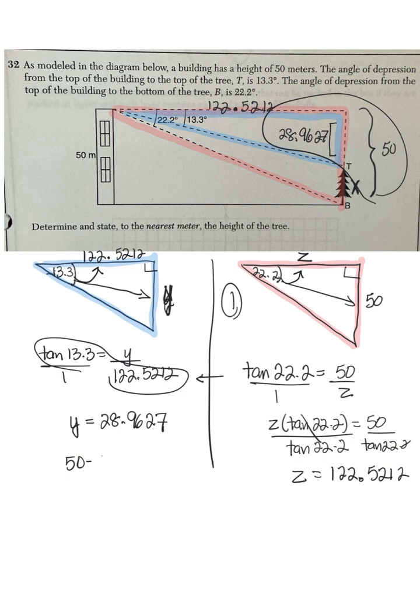So 50 minus 28.9627, and that ends up giving us 21.0372. And that is the height of the tree. Now we just need to round that to the nearest meter. So that would be 21 meters would be the height of the tree.